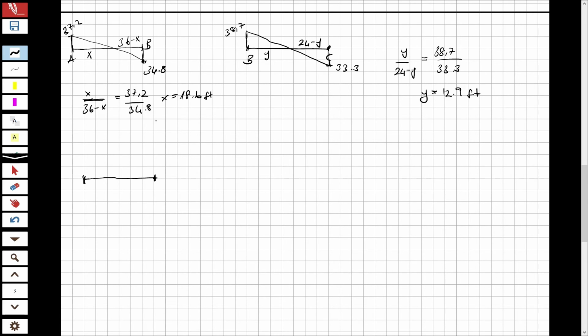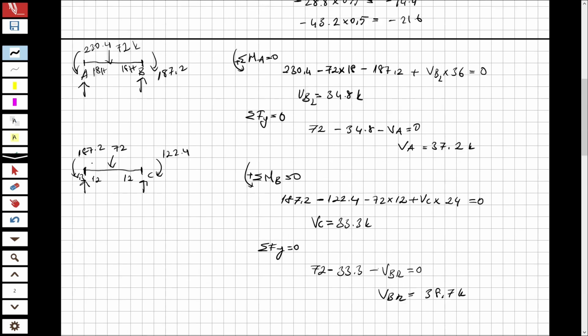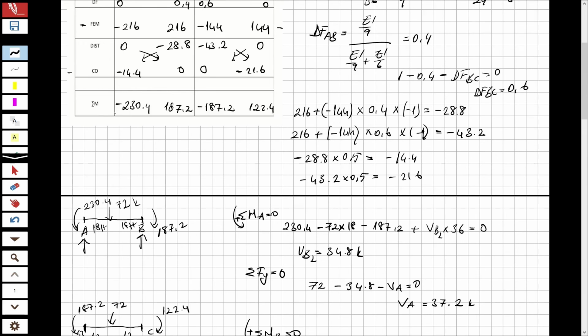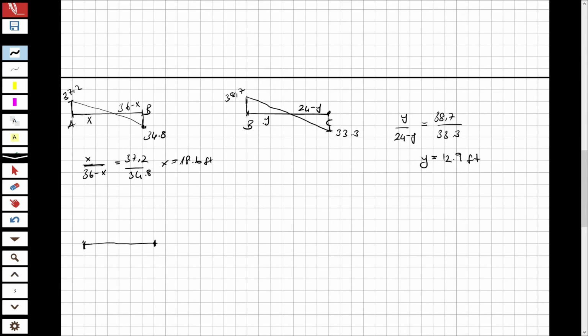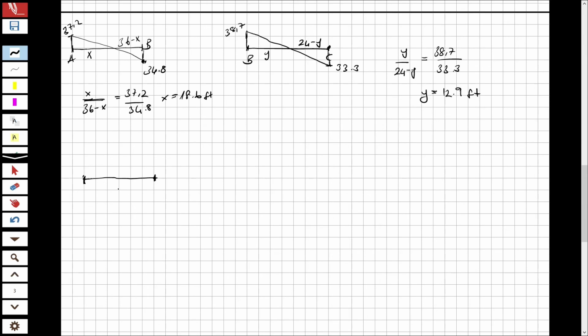Look at here, I'm going to show you. For example, this one, 230.4, so I'm going to go down. I'm going to start from the bottom of the line at 230.4, and I'm going to increase by this amount of area.